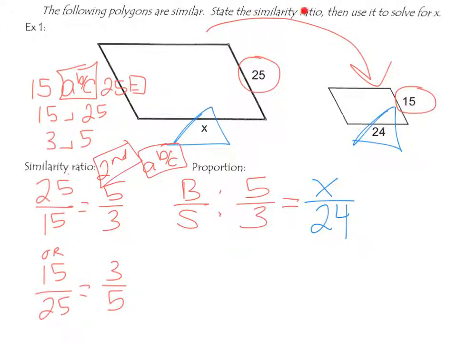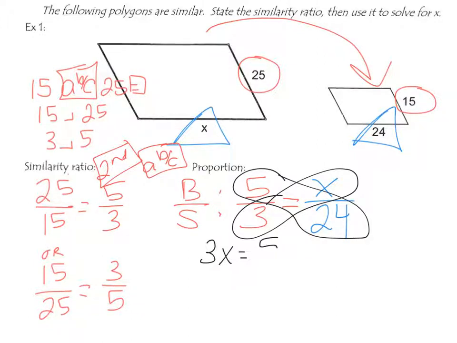If it asks you for the similarity ratio, I like using it because smaller numbers tend to be a little bit easier to work with. So here we're just going to do a little cross multiplying. So we've got 3x equals 5 times 24.